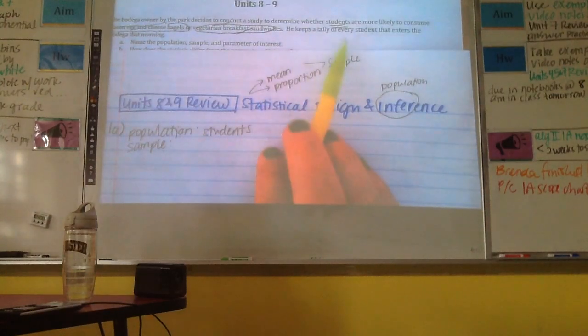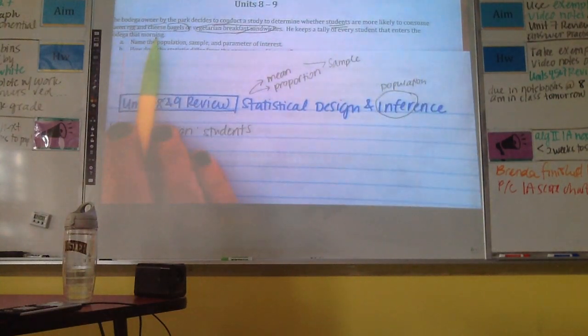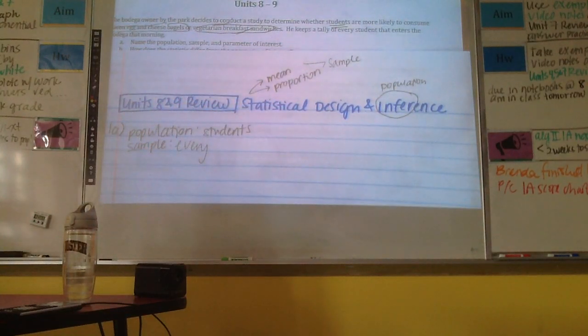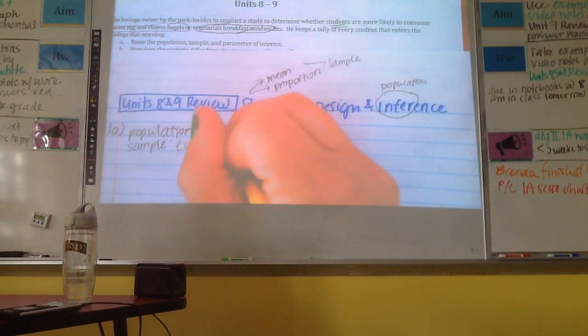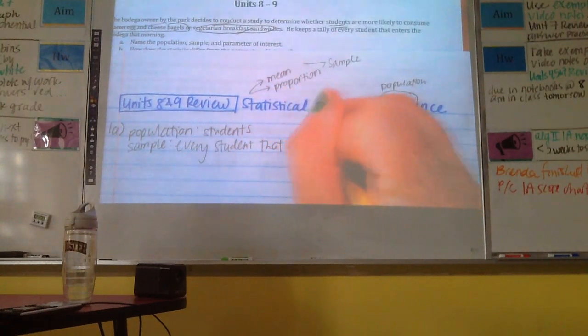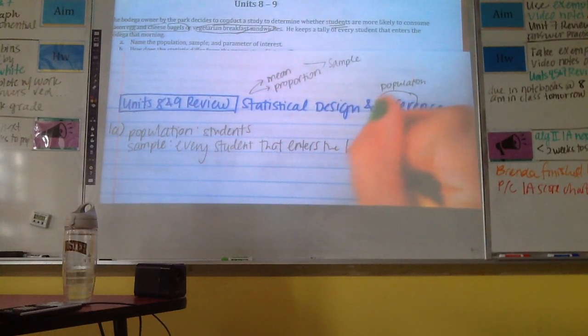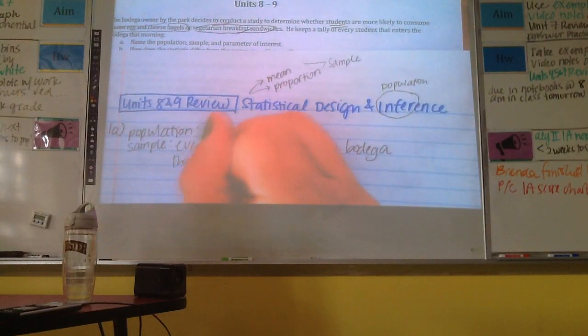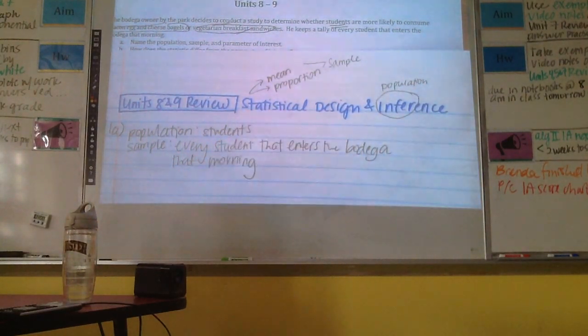So he's tallying every student that enters the bodega that morning. Again, using exactly the language from the question, we can say the sample is every student that enters the bodega that morning.